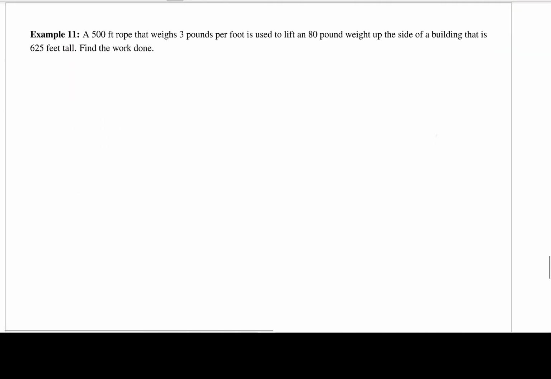Let's look at another problem. We have a 500-foot rope that weighs 3 pounds per foot, and it is being used to lift an 80-pound weight up the side of a building that is 625 feet tall. We want to find the work that is being done.